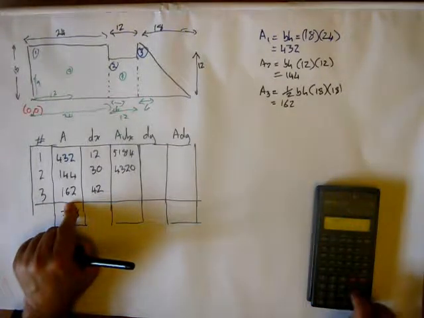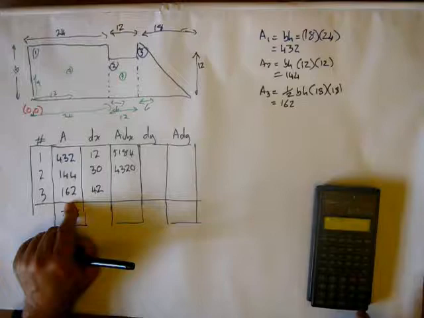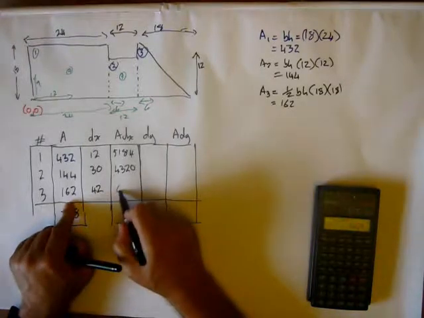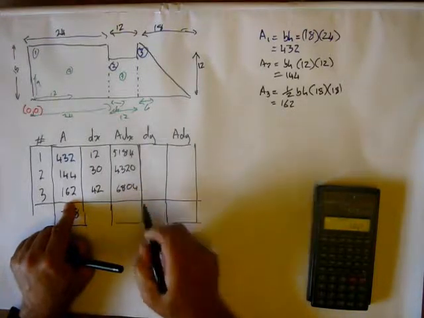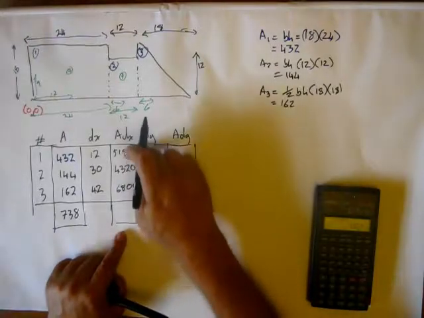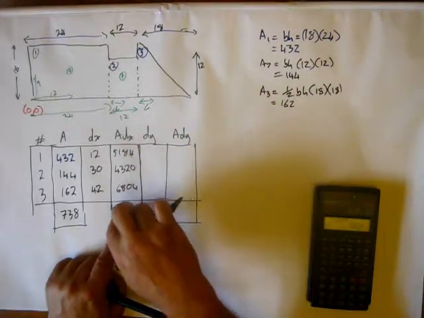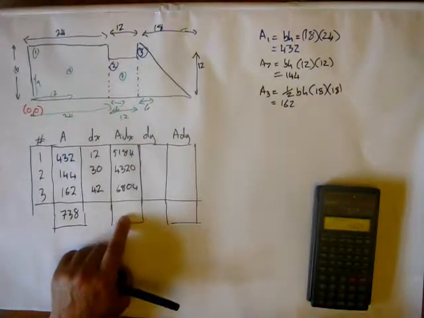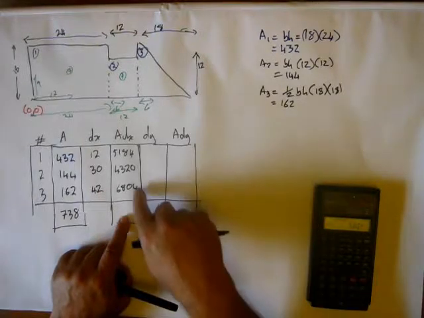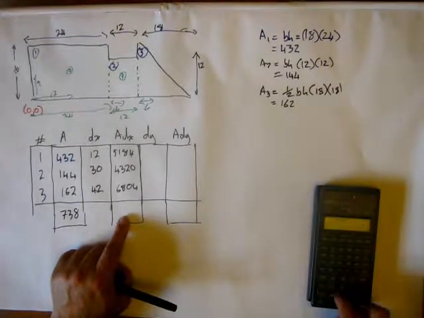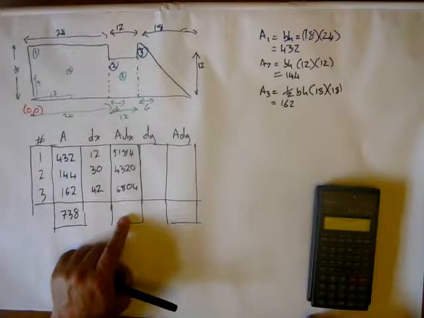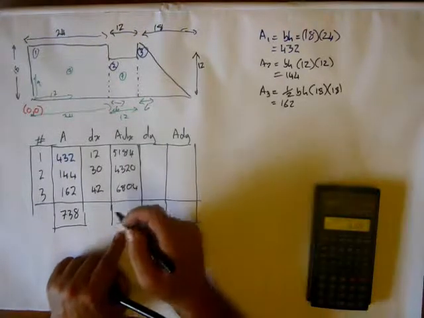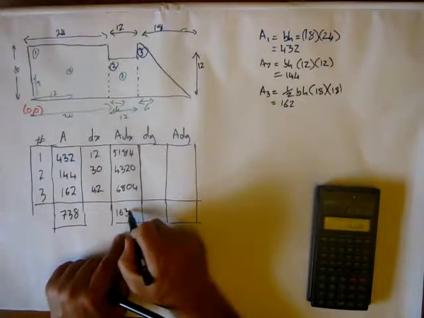And 162 times 42 equals 6804. And what we're going to do is add these numbers up and put them in this column. So we've got 6804 plus 4320 plus 5184 equals 16,308.